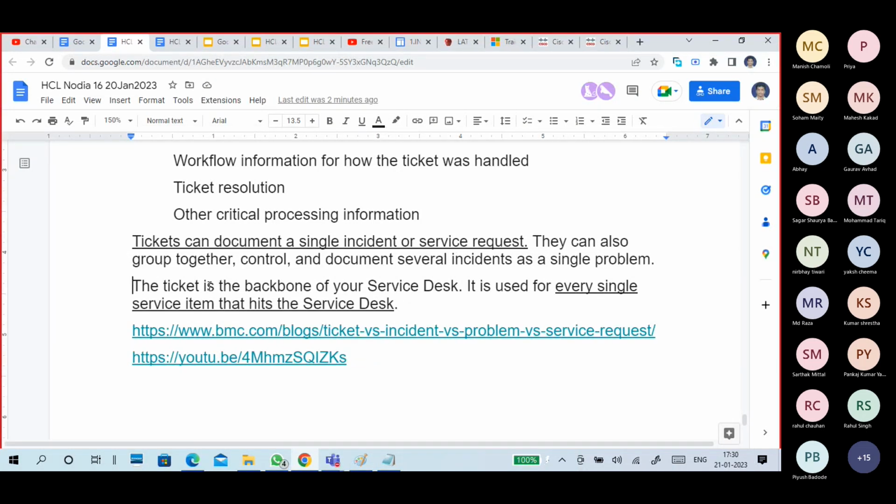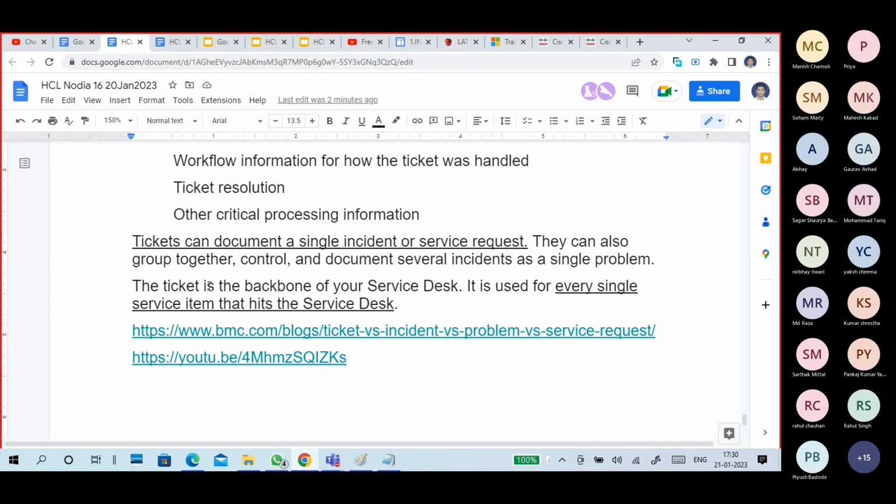So multiple incidents are grouped together as one single column. So a ticket is also a combination of multiple tickets. Of course, incident, column, service request, event, alerts.